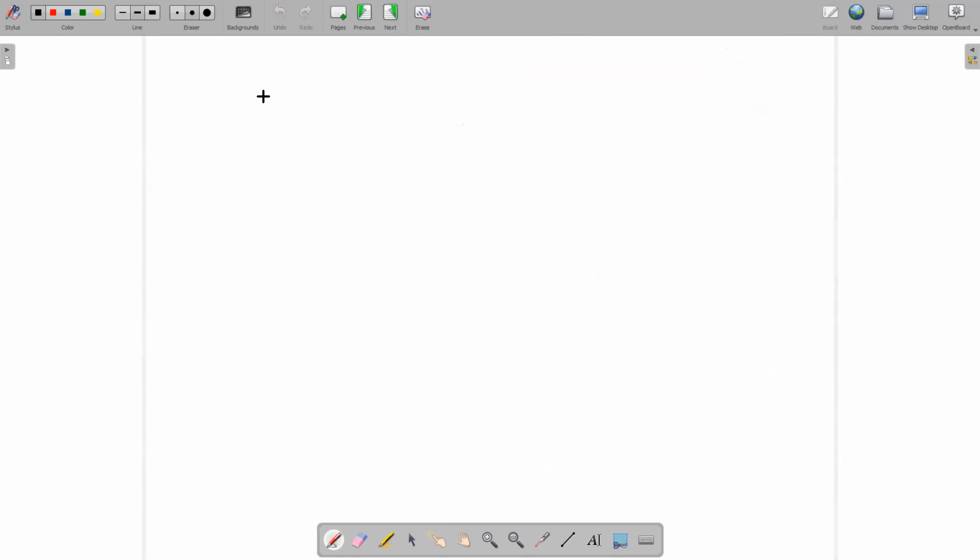So let me write it down in a clear format. So nk plus 1 divides kn square plus kn plus k. Now, this implies this, right?